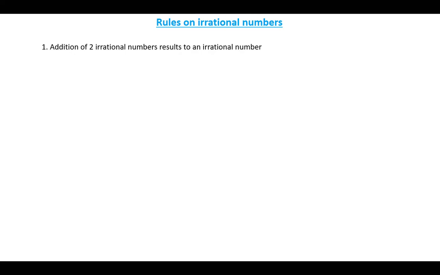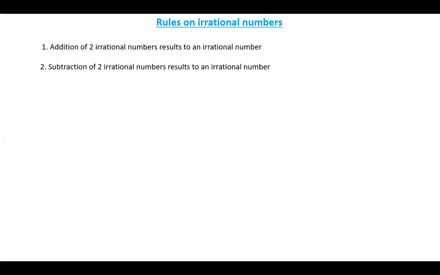In other words, this first rule is telling us that when you add two irrational numbers, your answer is going to be an irrational number. And the subtraction of two irrational numbers will also result in an irrational number. So when you subtract two irrational numbers, your answer will still be an irrational number.